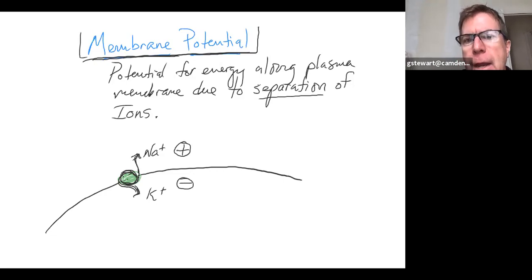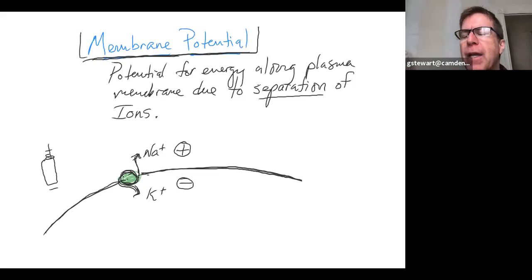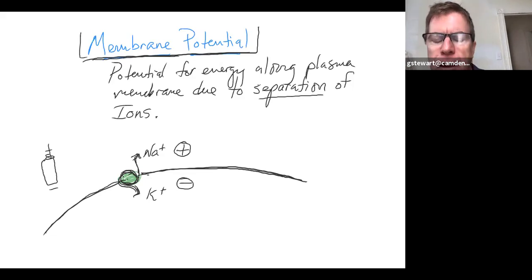Just like a battery has a positive end and a negative end. I'm going to try to draw a little battery here. That has the potential to do that. It houses energy, potential for energy. And that happens to a lot of the membranes, our cellular plasma membranes throughout the body. This membrane potential sets up this polar separation of charge, and gives it the ability.